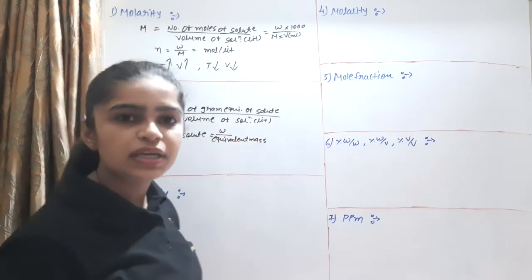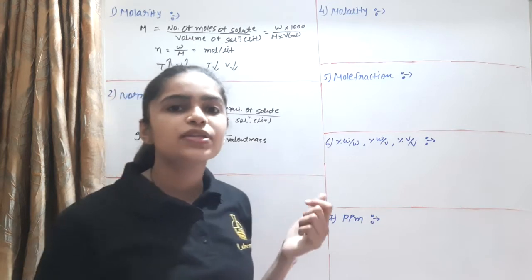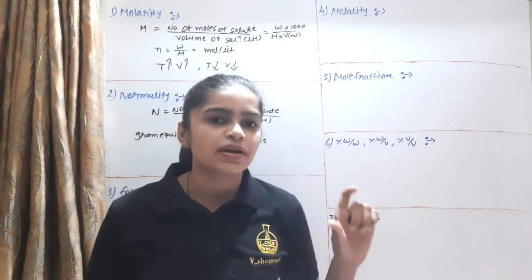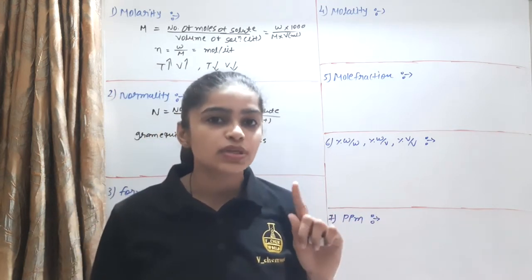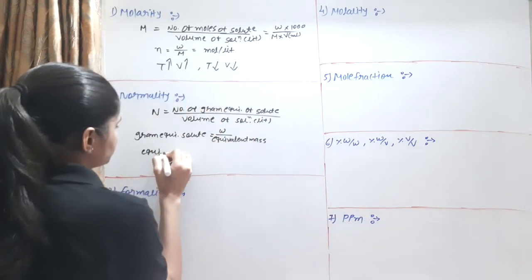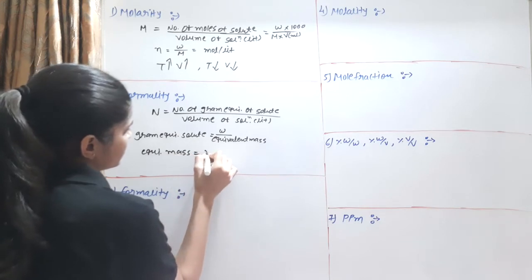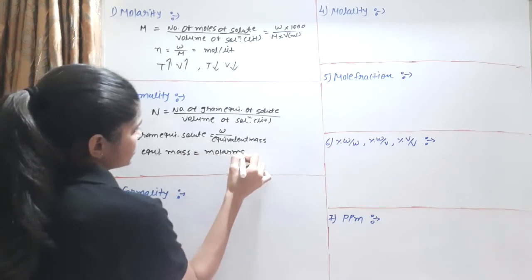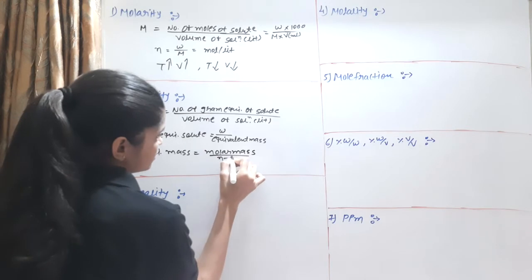How do we find the equivalent mass? In molar mass, we take the sum of the atomic masses. But the equivalent mass is equal to molar mass upon n factor.